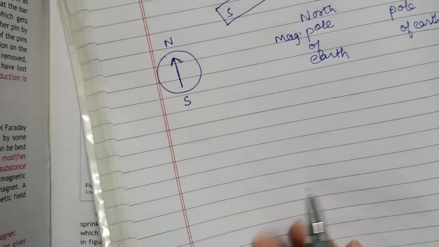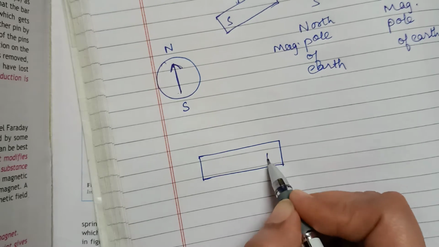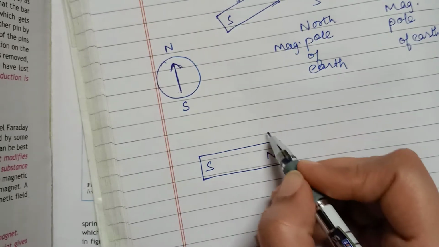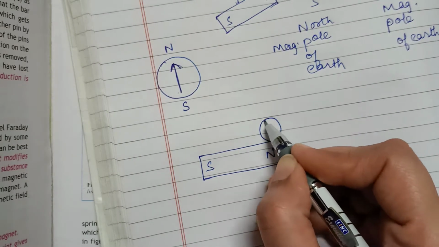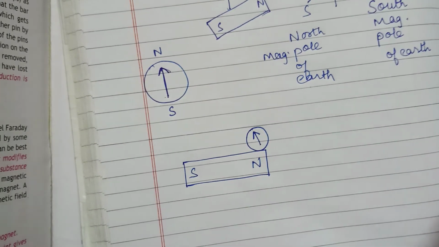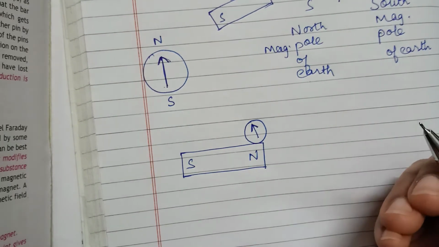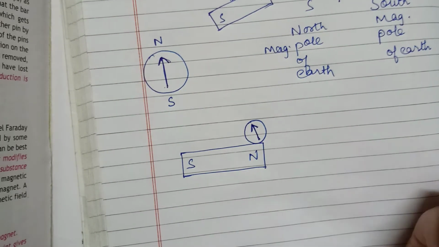So this I am showing you in the copy. See, this is the north and this is the south pole, and I keep the magnetic compass needle here. Suppose the needle comes to rest in this position, the head in this direction and the tail in this direction.